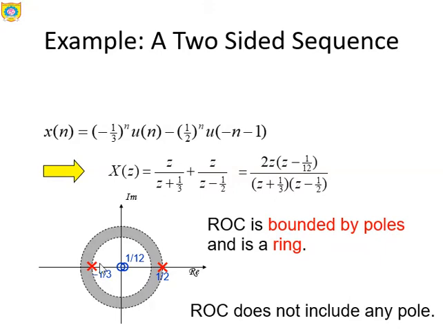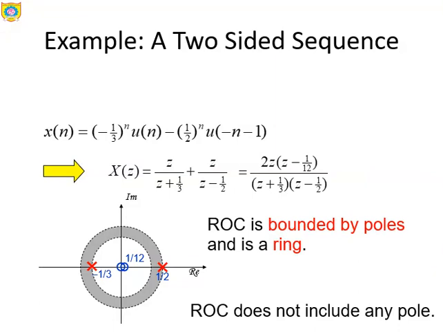Right now it is happening that radius equal to 1/3 is one circle, whose outer part is considered, and radius equal to 1/2 is another circle, whose inner part is considered. Whatever common region results is nothing but the ring, shown over here. That's why this ROC does not include any pole.